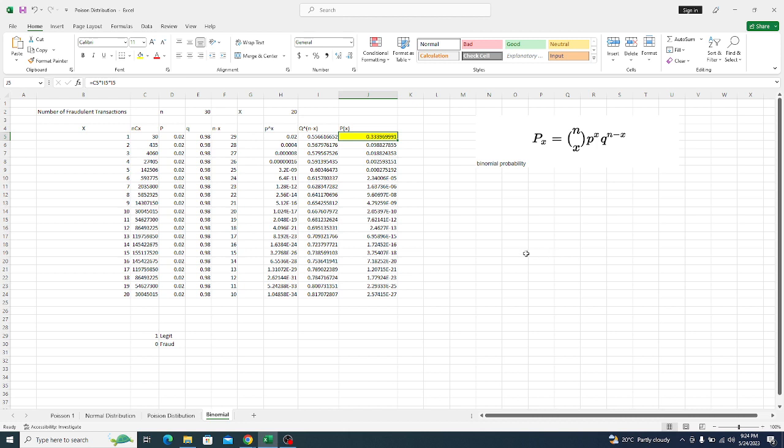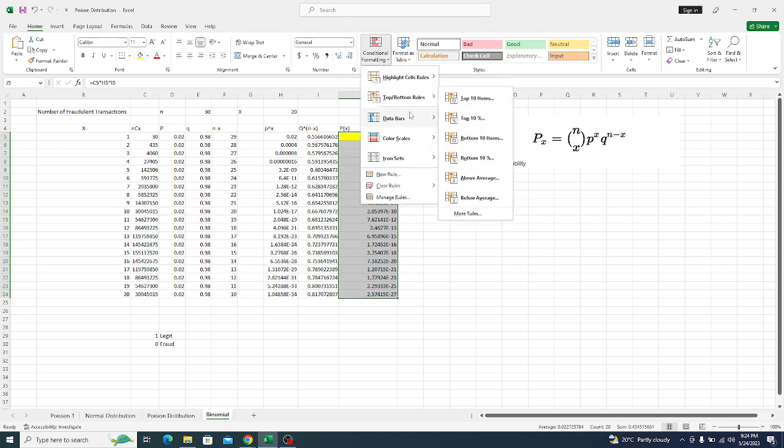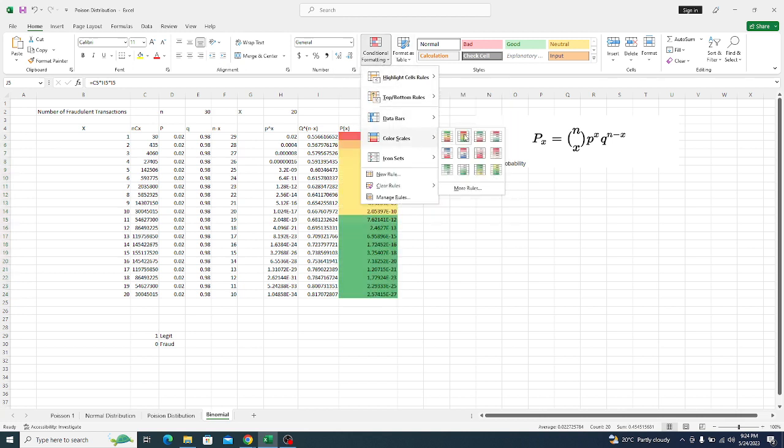Then the probability of getting two reduces. You can see it has reduced, in fact by a big margin. It has reduced to 0.09. Maybe I can do a conditional formatting so that we may be able to notice that decrease.